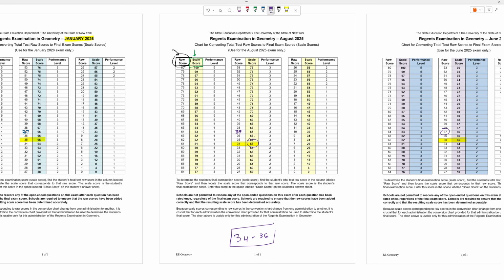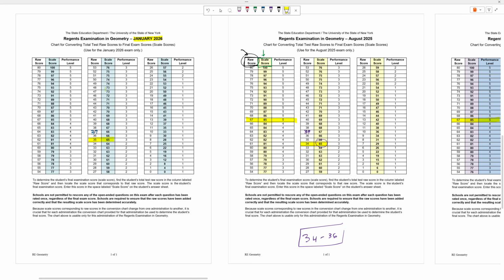Now, for those of you that are going for mastery, you need to score an 85 or higher. Given the previous years, in order to get an 85 or higher on this exam and score mastery, you need to do better than a 67. For the last three exams, you've needed to score 67 points in order to get an 85.